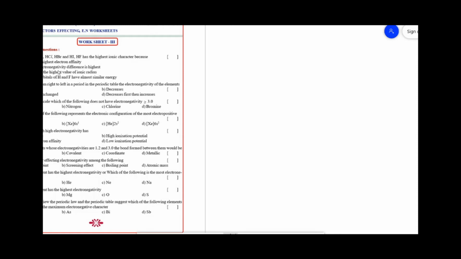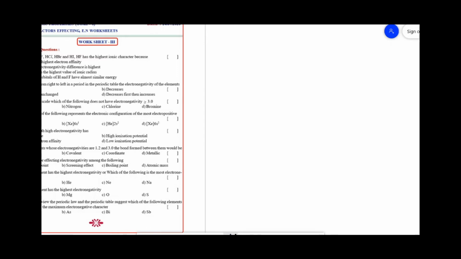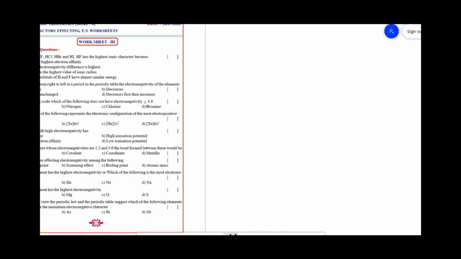If the electronegativity difference between two elements is more than 1.7, then it is said to be more ionic. So in this, fluorine having the highest electron affinity is not the reason. In HF, the electronegativity difference is high. Yes, this is a possibility. The second option, F minus has the highest value of ionic radius. No. Atomic orbitals of hydrogen and fluorine have a similar energy. So here the answer is B.